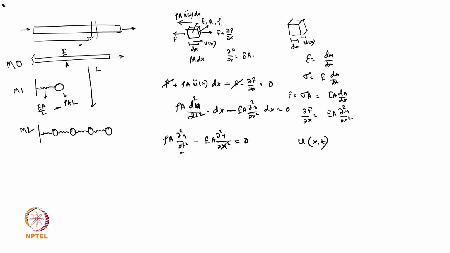Good. So now once we get that, this is my domain equation, and then we have another two: one is boundary conditions, and the second one is the initial conditions.